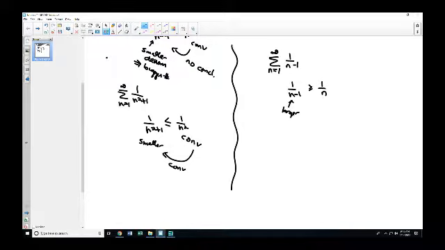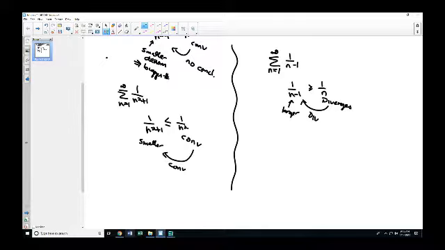Since we know this diverges, and this one is bigger, that implies that this one diverges. That's the two relationships we look at. Bigger and diverges, smaller and converges. It's the easy way to remember it.